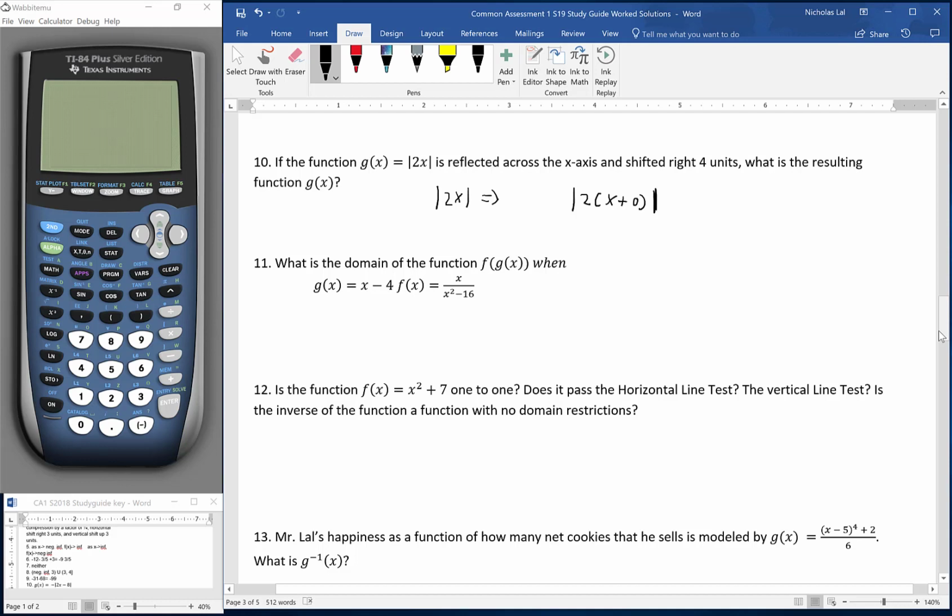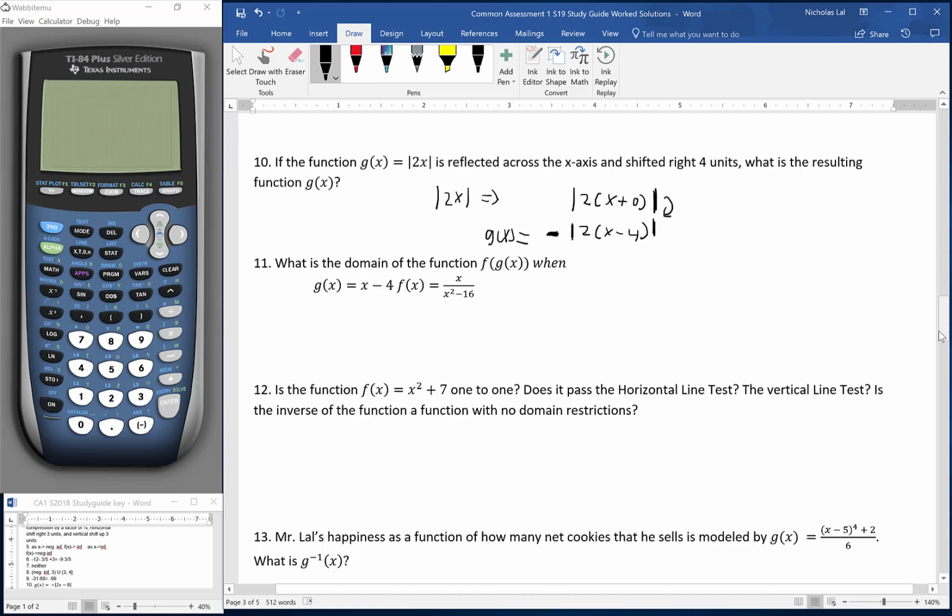Now, to reflect across the x-axis, I have to have a negative sign outside the function, and to shift right 4, I have to have x minus 4.